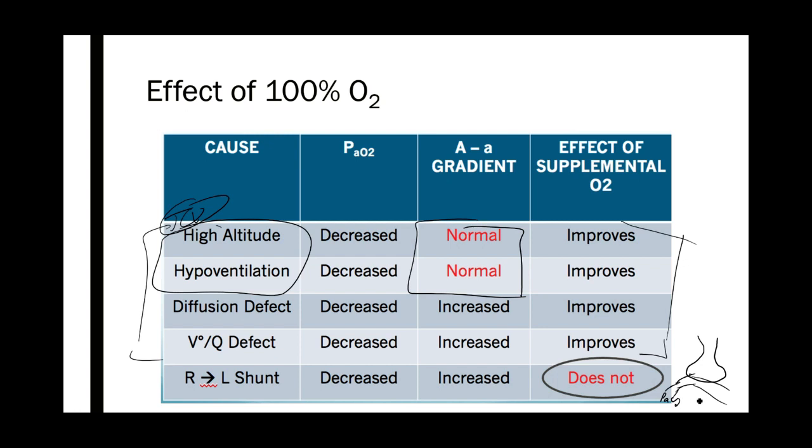So PaO2, let's say, equals PaO2 of 40, and then when it leaves, let's say it's the exact same. So that means it's not getting oxygenated. So no matter how much oxygen you give the patient, there will be no improvement of the symptoms or the AA gradient. So the AA gradient will not normalize if you give supplemental oxygen in the case of a shunting pathology. Okay.